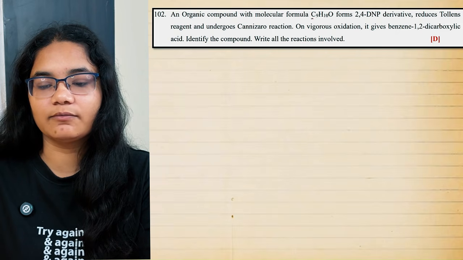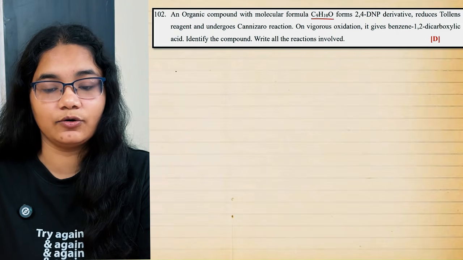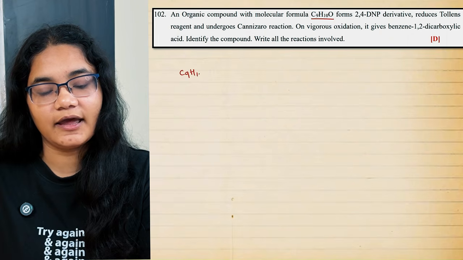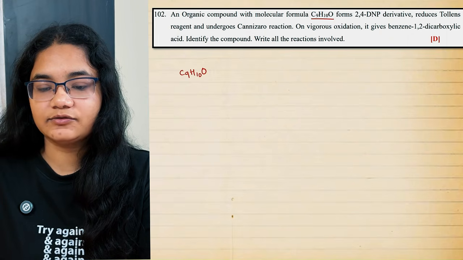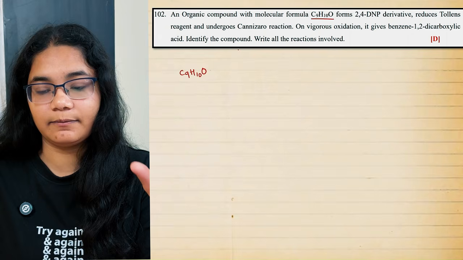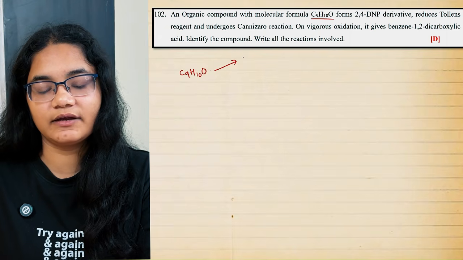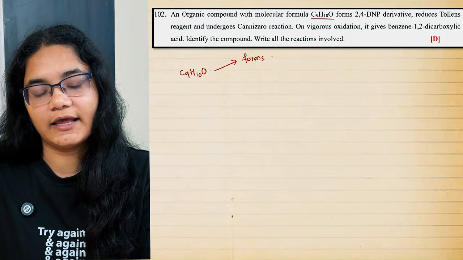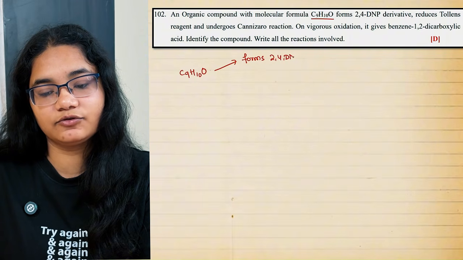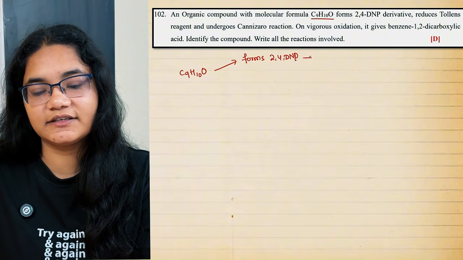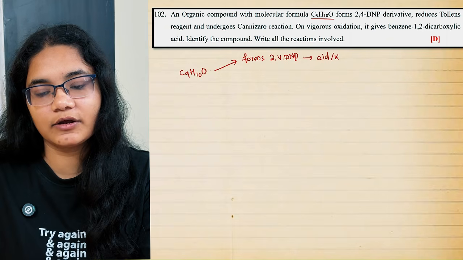An organic compound with molecular formula C9H10O forms 2,4-DNP. So what is the property given? It forms 2,4-DNP. That suggests that it is either an aldehyde or a ketone group.